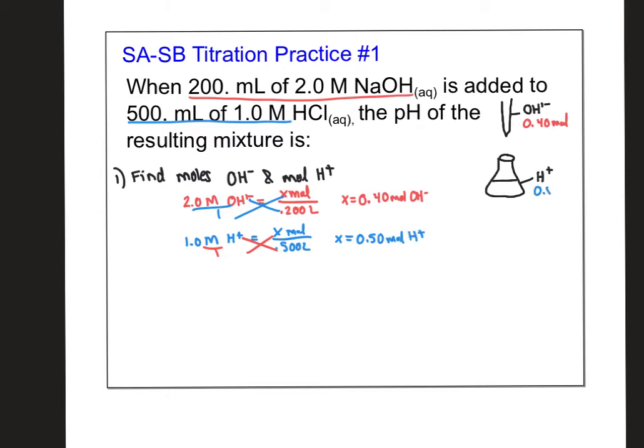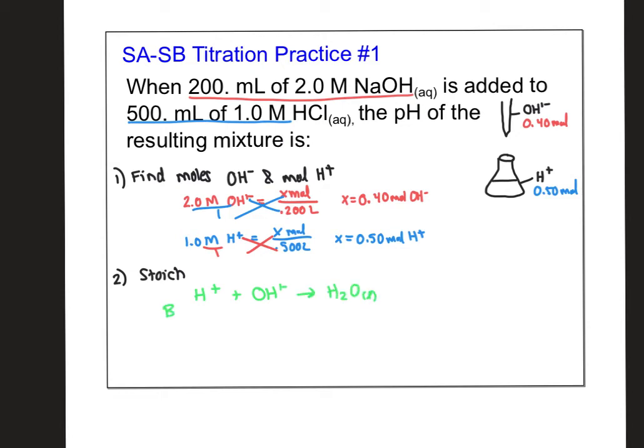So this is 0.5 moles down here. That's our first step: find how many moles of each. Step 2 is the stoichiometry to see what is limiting. This is a strong acid, strong base titration, so my equation is always H plus OH minus makes water.